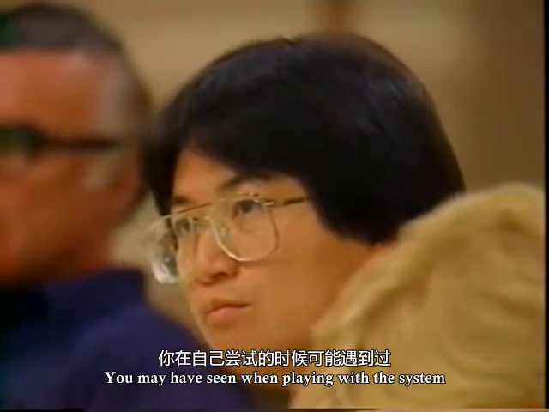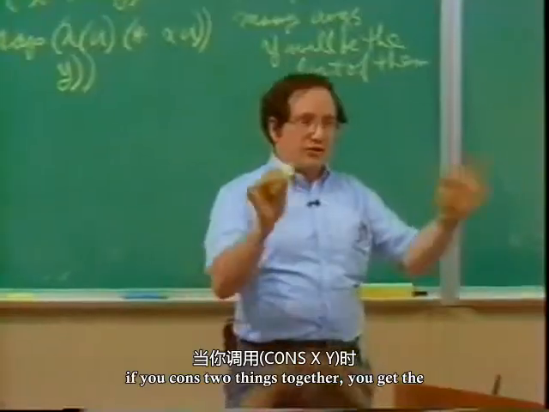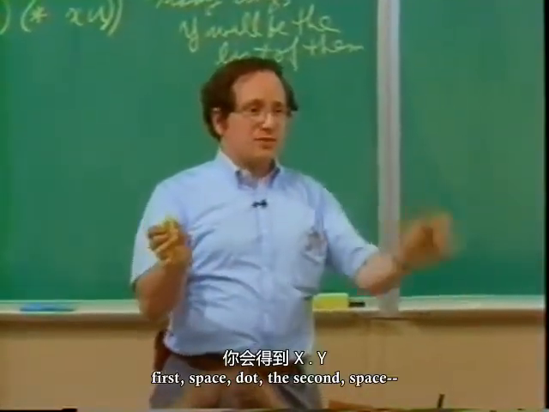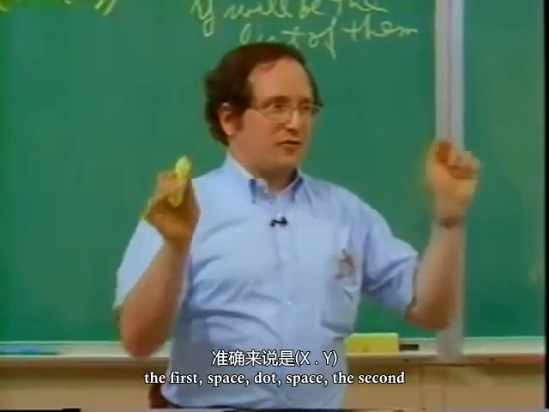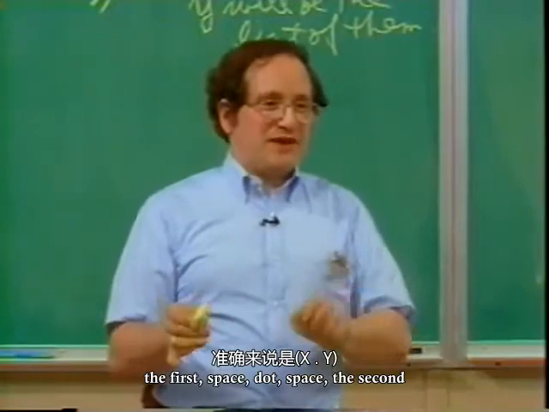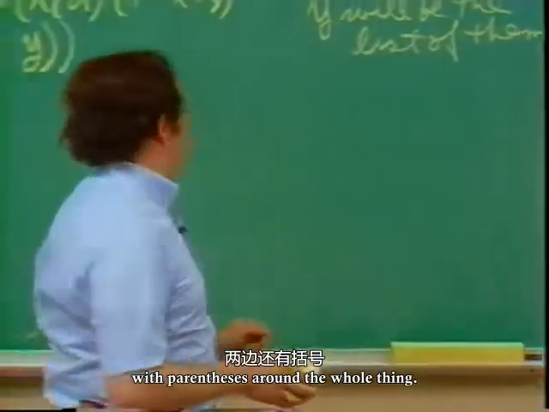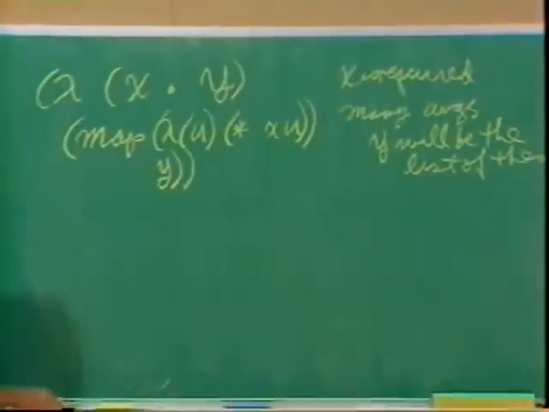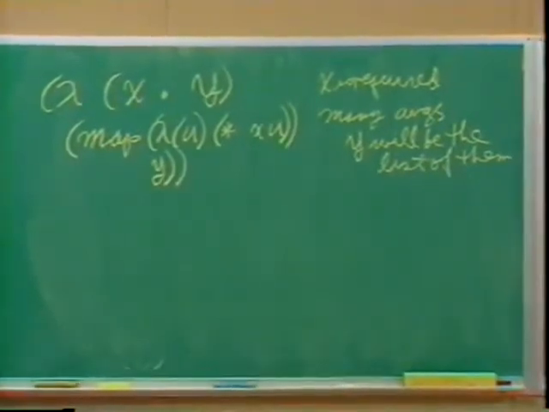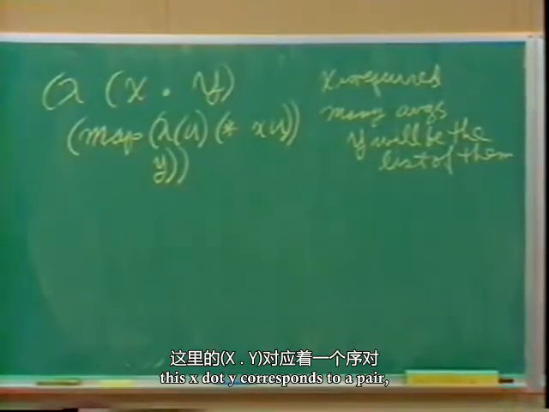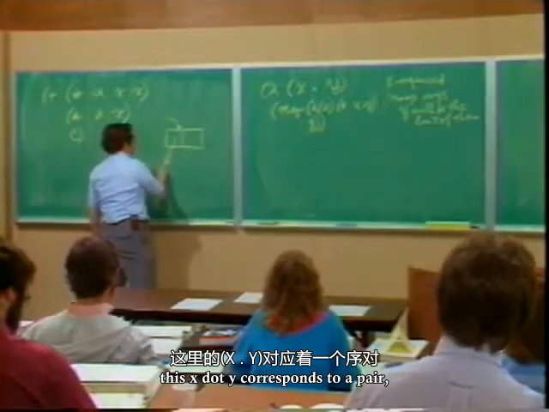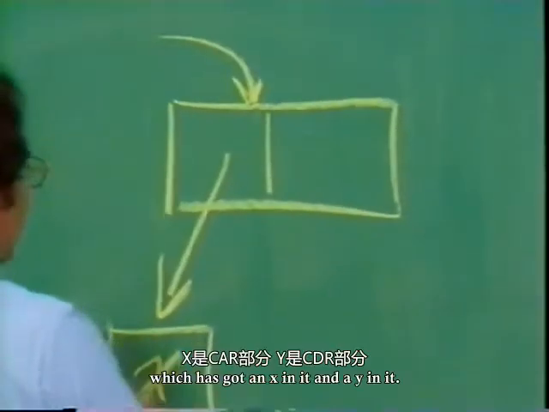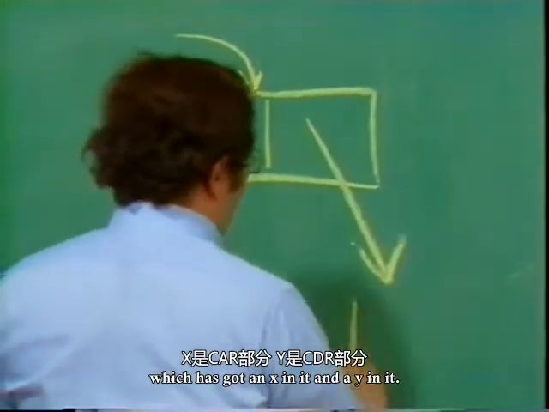You may have seen when playing with the system that if you cons two things together, you get the first, space, dot, space, the second, with parentheses around the whole thing. So, for example, this x dot y corresponds to a pair which has got an x in it and a y in it.